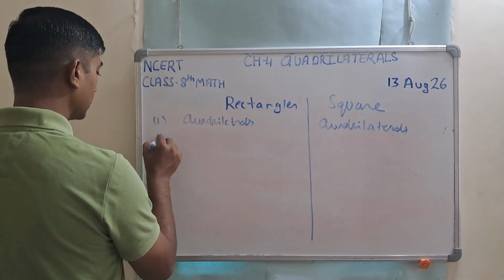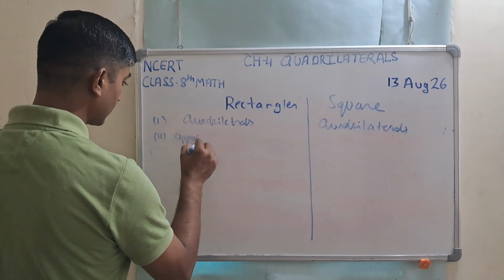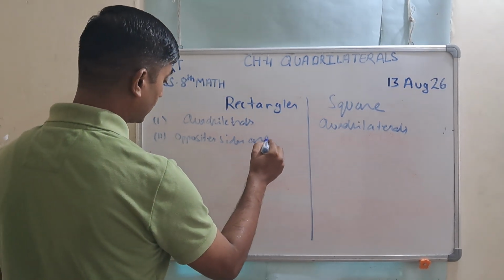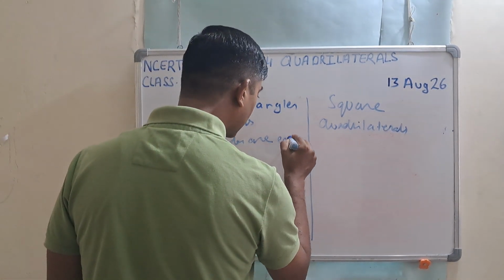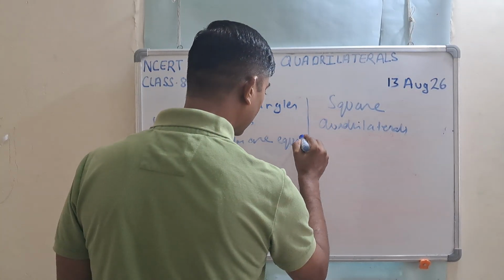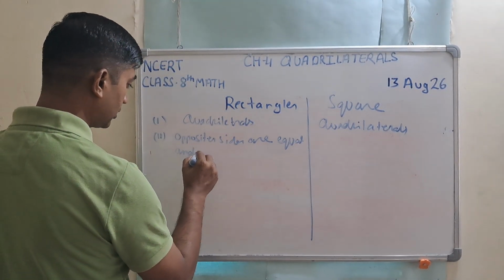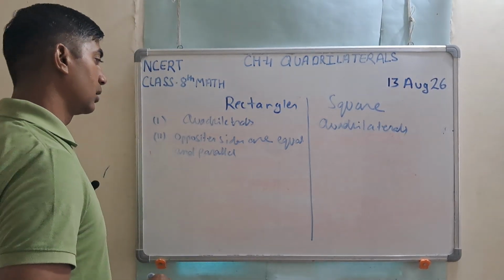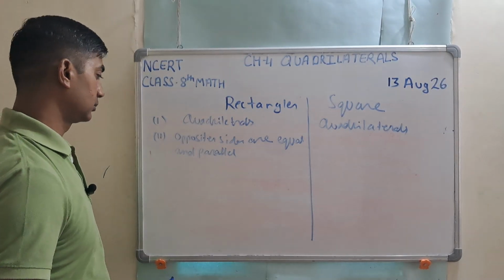Number two, opposite sides are equal and parallel. Understood? Opposite sides are equal and parallel.